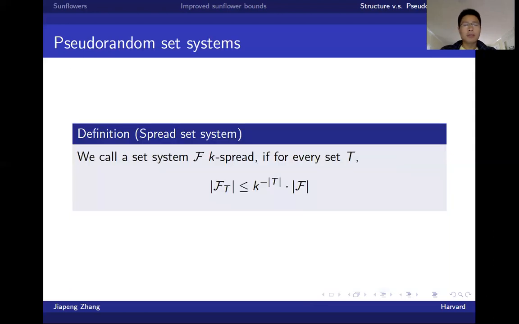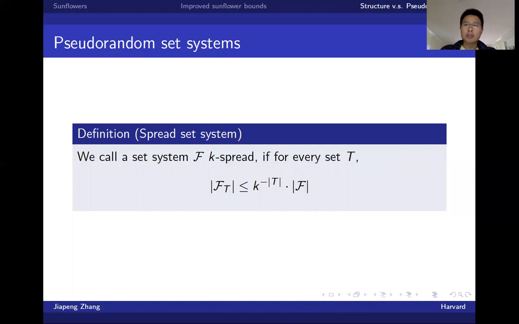And what is the pseudo-random part? We use the spread to capture the pseudo-randomness. We call a set system F k-spread if for every set T, the size of the link F_T is at most k to the minus |T| times the size of F. Basically, we want to use the spread to capture disjointness.